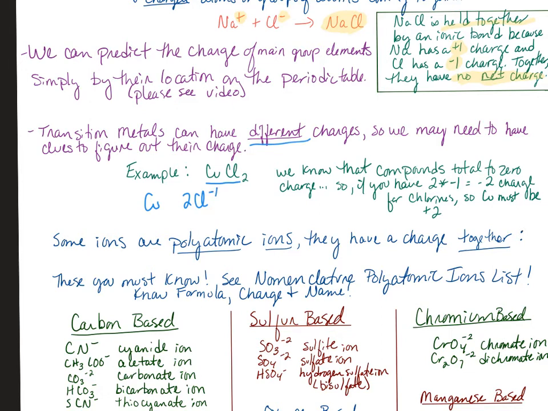If chlorine has a -1 charge and there's 2 of them, together those chlorines would have a -2 charge. What that means is that to balance it out to 0, copper has to have a +2 charge. So these you kind of have to figure out by the clues that are given to you. We'll look at another clue in just a minute in its name.